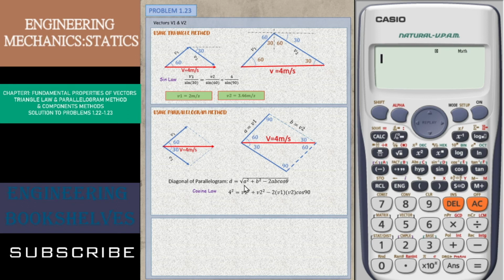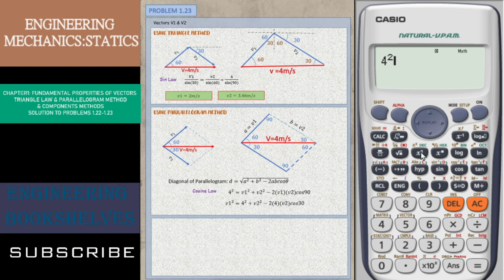Since we have two unknowns here, we need another equation. So I will just use this B1. B1 squared equals 4 squared plus B2 squared minus 2 times 4 times B2 cosine 30 degrees. Since I use B1 here, therefore the opposite angle is 30. By computing, we can substitute this into this.